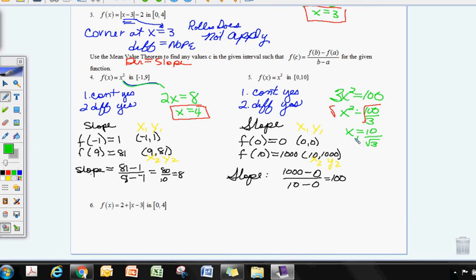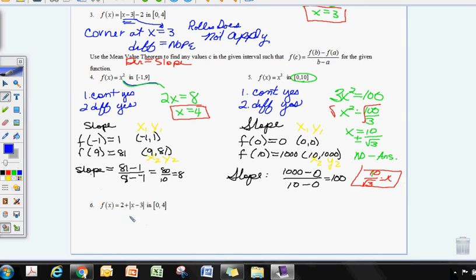So I'll put it in here, plus, minus. But is negative in that area? Nope. So no negative answer. It's not in my area. So since I've said that, I want it red, 10 over the square root of 3 is my final answer.